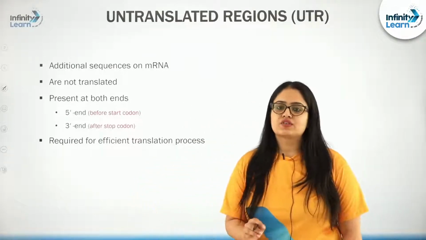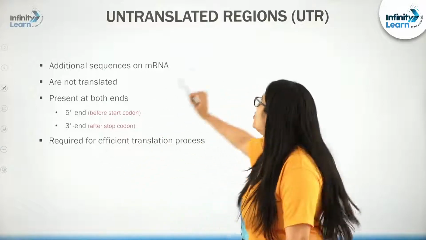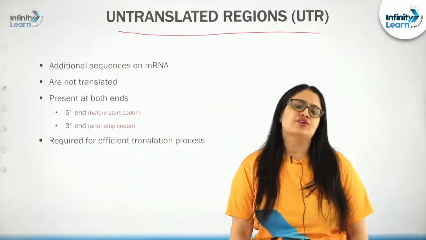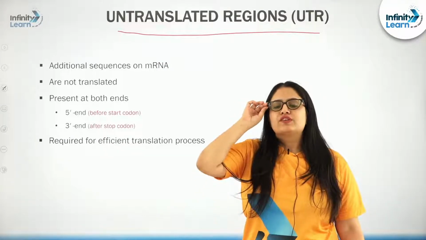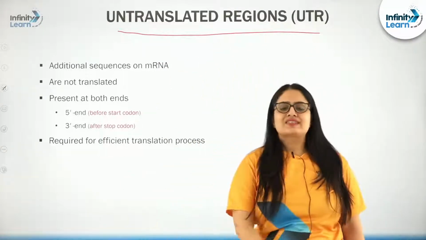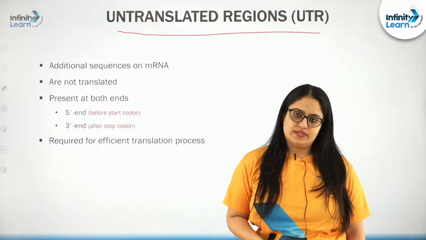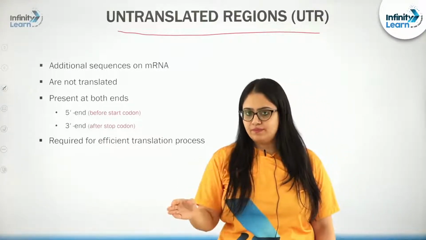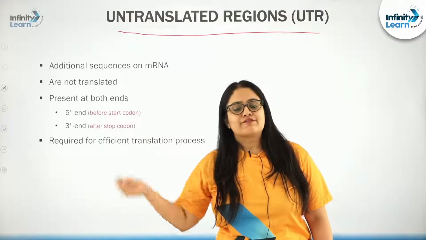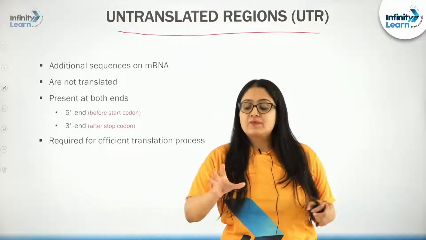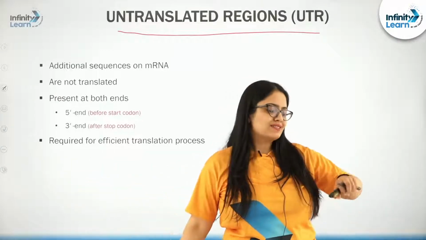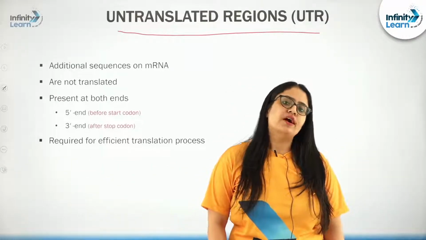There is another interesting discussion related to untranslated regions, in short UTRs, given in your translation topic. These untranslated regions are additional sequences present on the mRNA. They are present at both the ends: before the 5' end as well as after the 3' end of the mRNA.